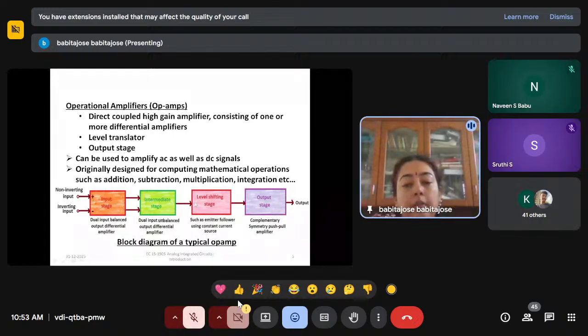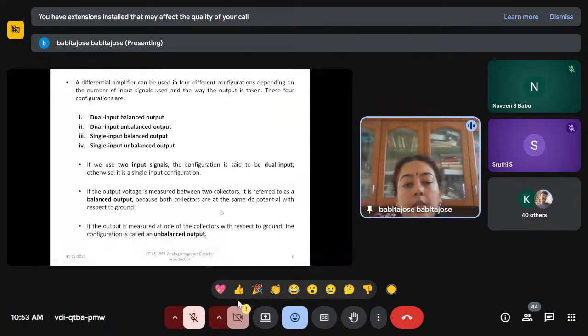So you have to bring down the DC level to 0. For that you are using a level shifting stage, which is nothing but an emitter follower using a constant current source. That is the circuit we are going to see, the level translator or level shifting stage. The purpose of this level shifting stage is to bring the DC level down to 0 volts.